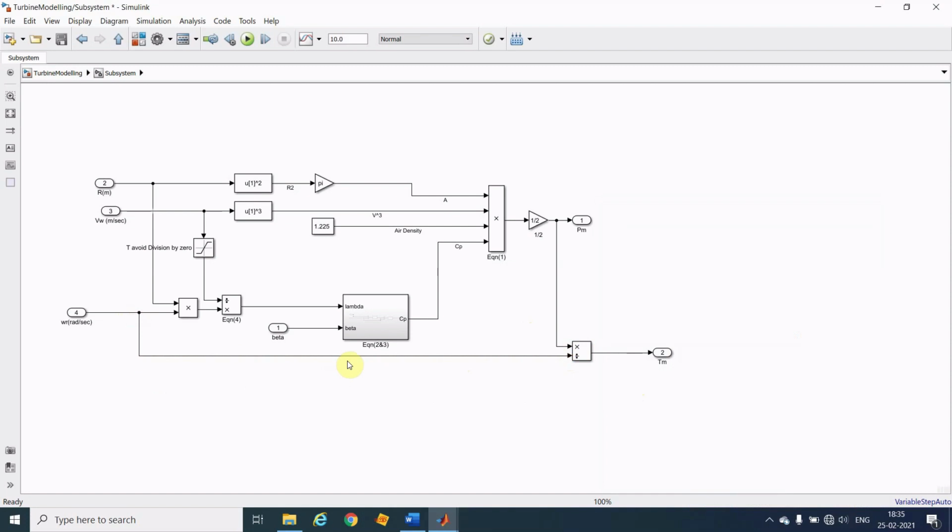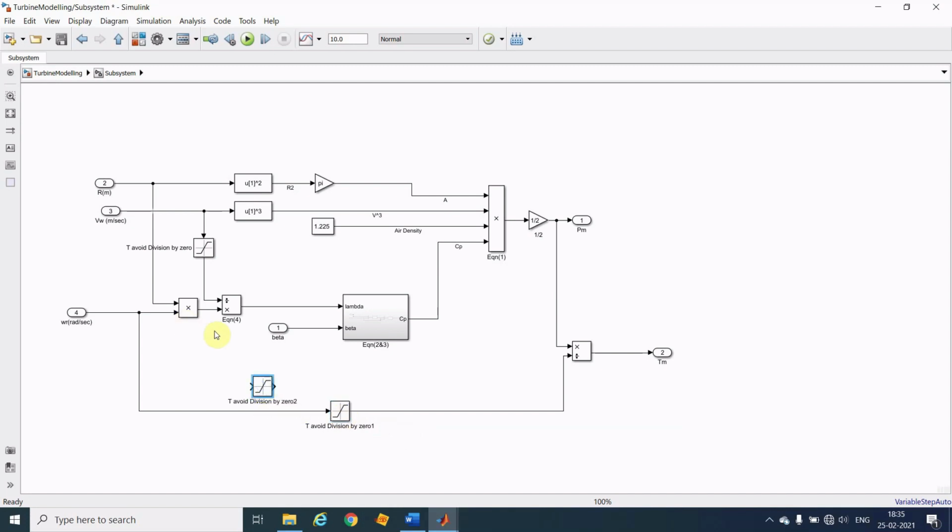But again we have to take care of zero division, so one more thing we have to take care of, that this one also should not get 0.